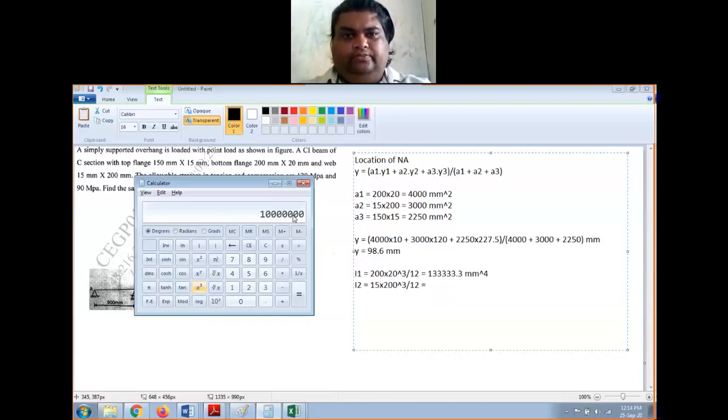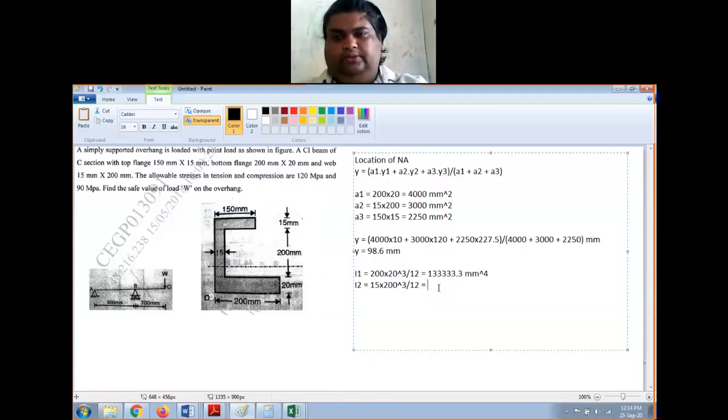Just copy and paste that value, mm raised to 4. Then I have I3. I3 is what? B is 150 and depth is 15, so 150 into 15 cube by 12.